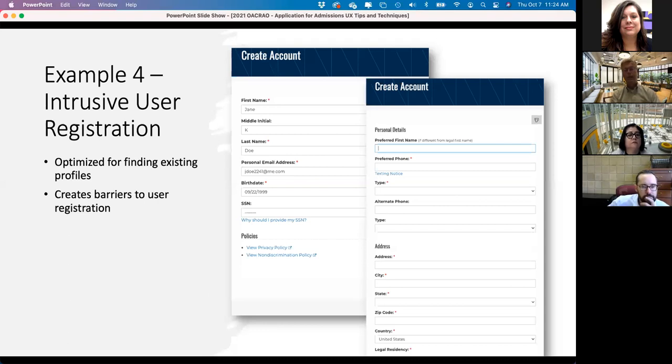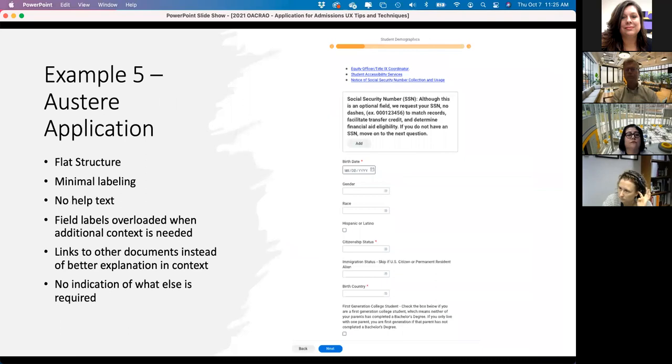You'll notice in this example that they know it's problematic because there's a link that says, why should I provide my SSN? View privacy policy, things like that, because it's pretty intrusive. We'll talk about some of the impacts and how we're handling that.